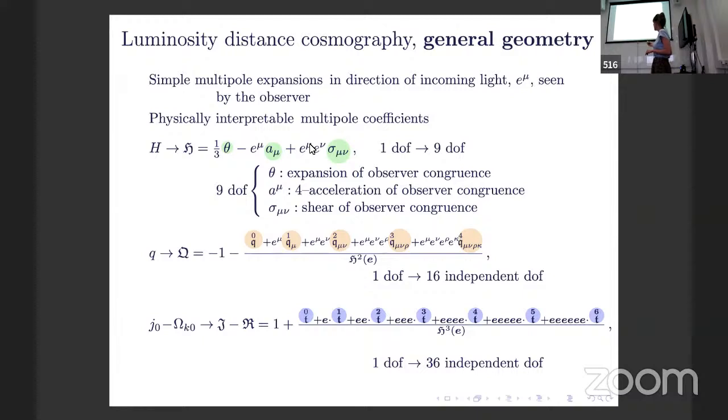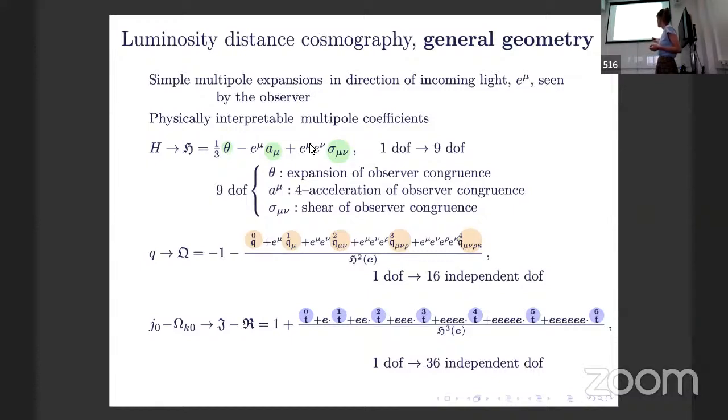The multipole coefficients here are again telling us about kinematical and curvature properties of our universe neighborhood.